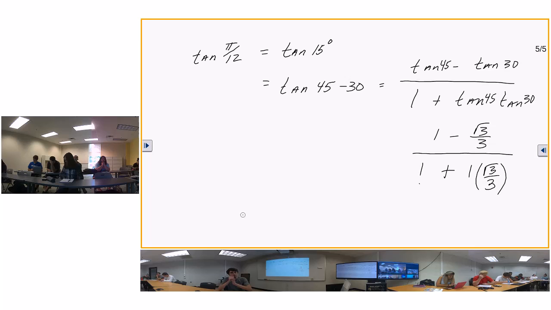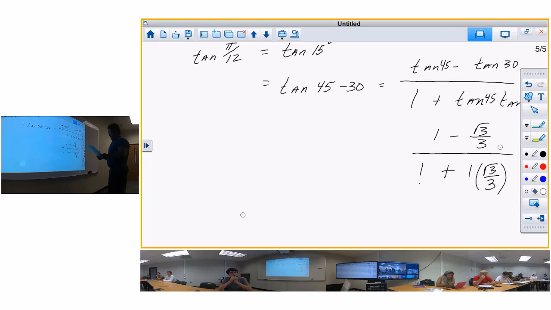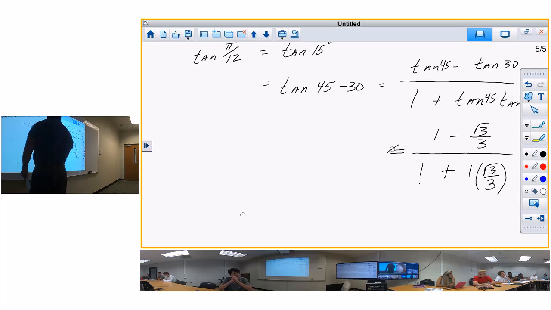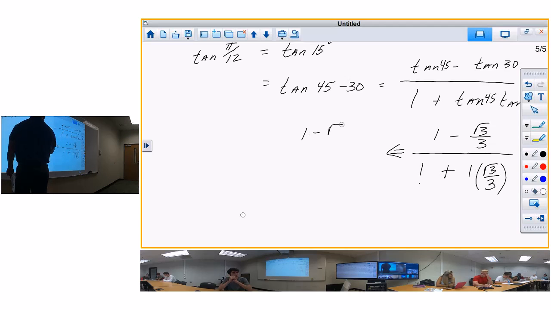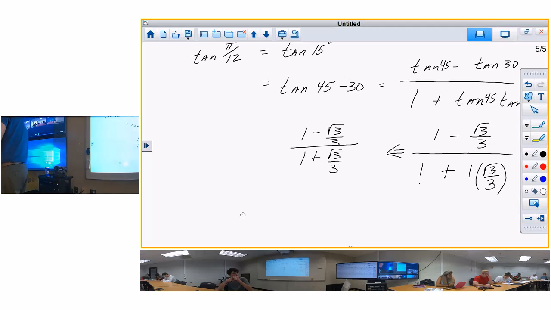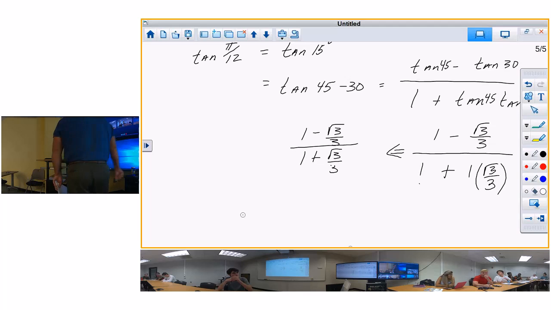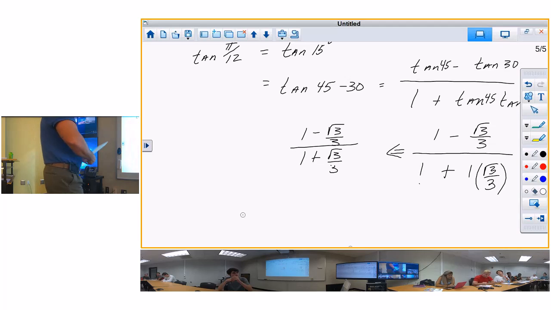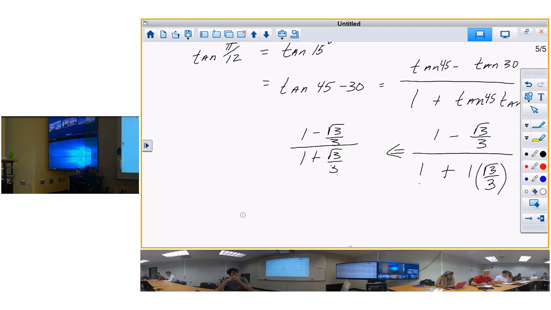So, what do you get? Well, you get basically 1 minus the square root of 3 over 3 over 1 plus the square root of 3 over 3. And then take your conjugate rule and do the conjugate of 1 plus the square root of 3 over 3.